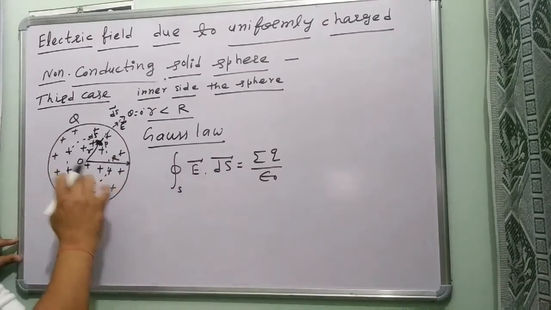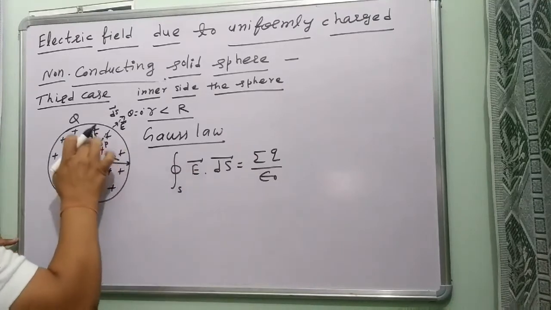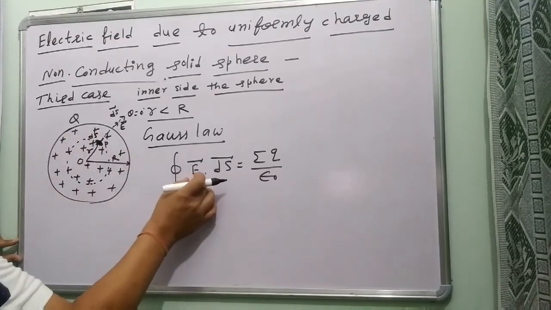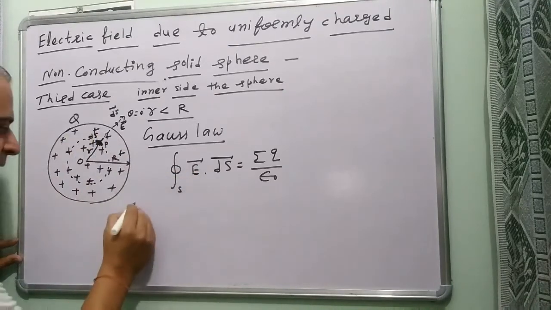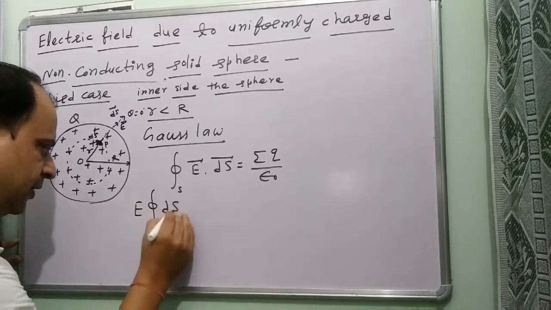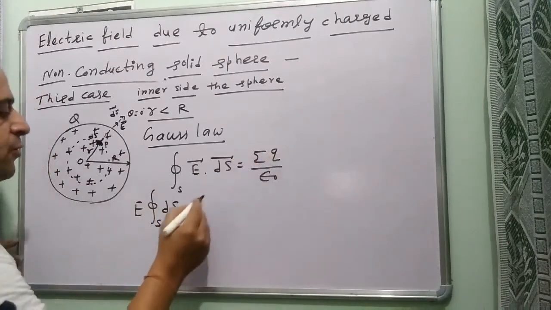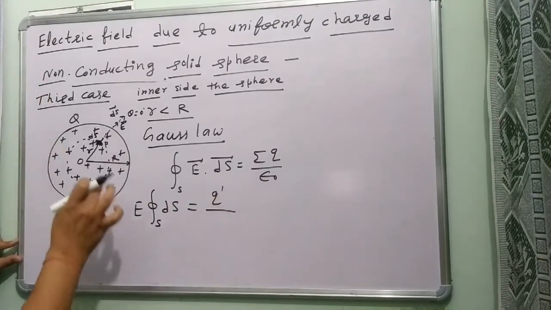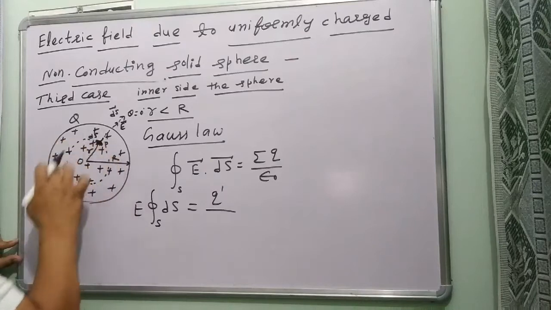E is uniformly distributed on the Gaussian surface, so E comes out of the integration. Integral of dS, and sigma q is q dash, the total charge in the Gaussian surface.